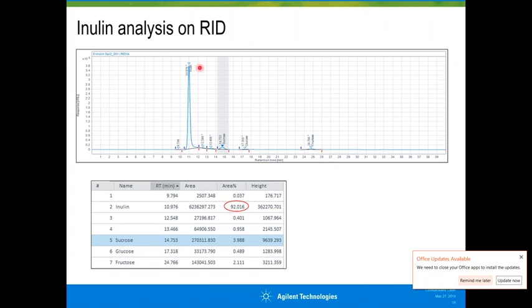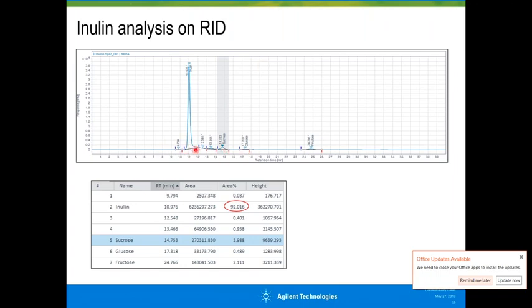Now, we do not have a standard for inulin, so we could only do a qualitative estimation, but quantitative estimation could not be performed. However, there was a way out, because refractive index detectors are universal detectors. They give a response directly proportional to the concentration. The only thing that we need to ensure is proper separation.